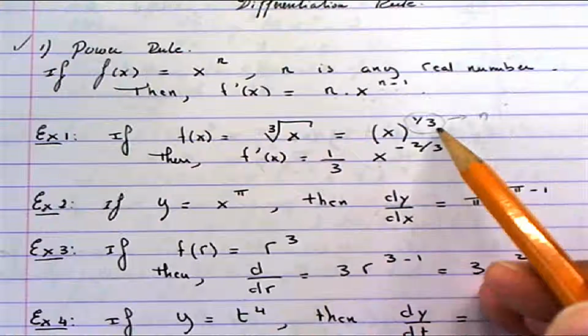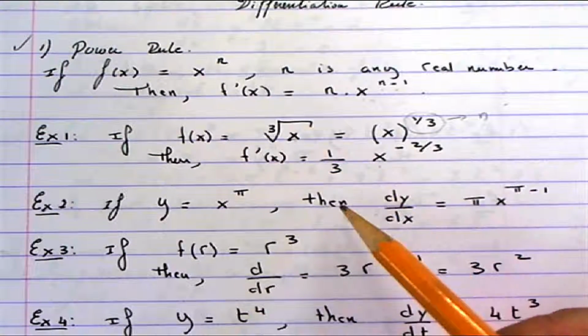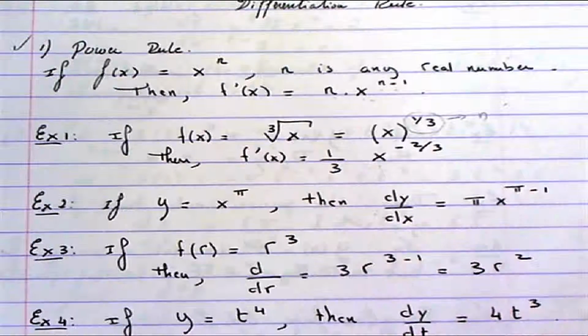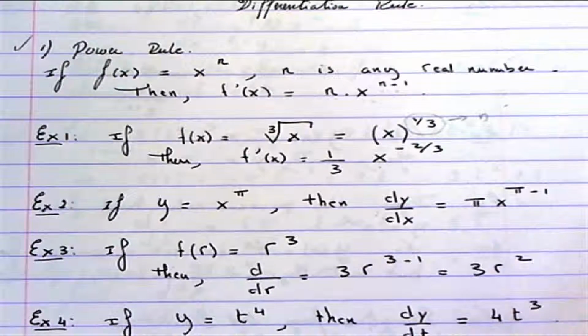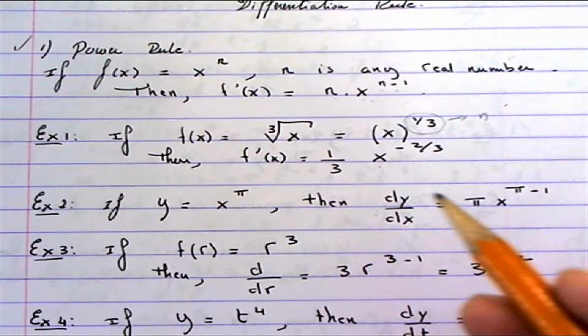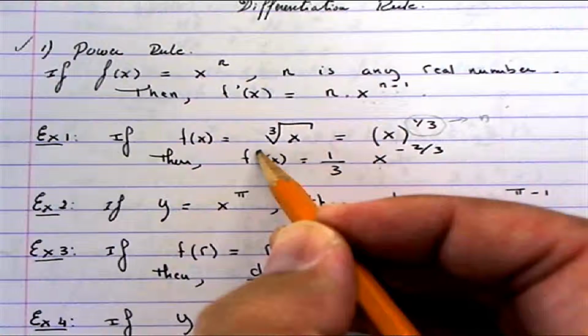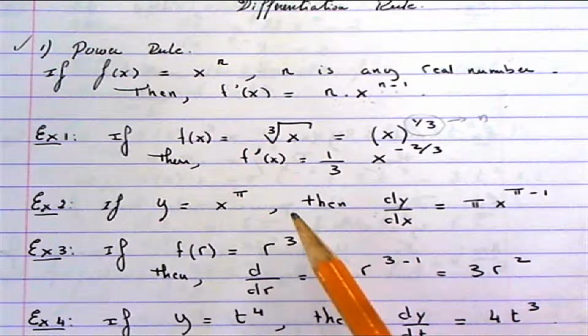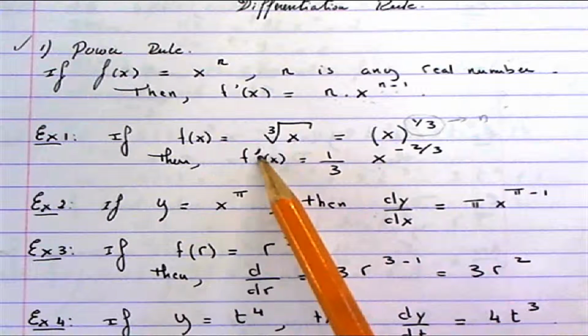You bring that 1/3 in front of the x, and then you subtract 1. Is it clear? Okay. And now I also want to show you the notation. This is one of those notations, f prime, or we also call this the first derivative.